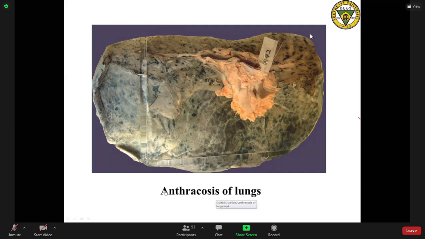So, our air pollution. When a baby is born, the baby's lungs are very clean. No dust or carbon dust in the lungs. But when we grow up, year after year, and when we age, more and more carbon dust deposits in our lungs.